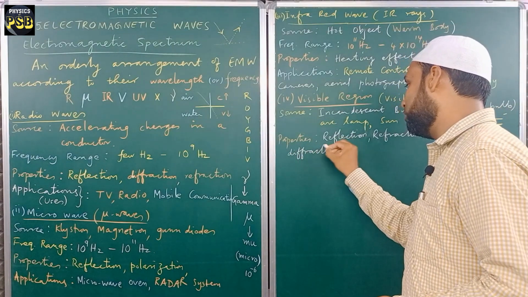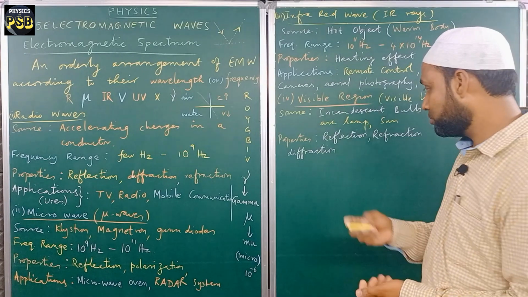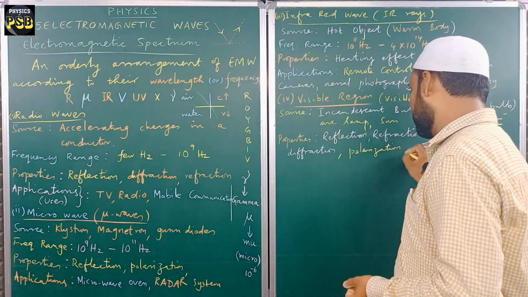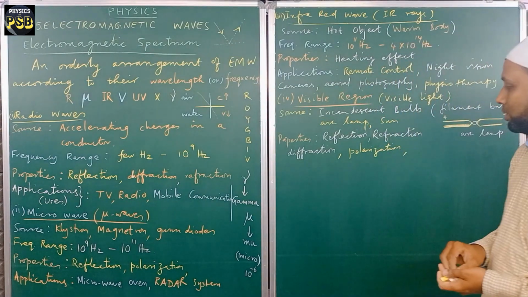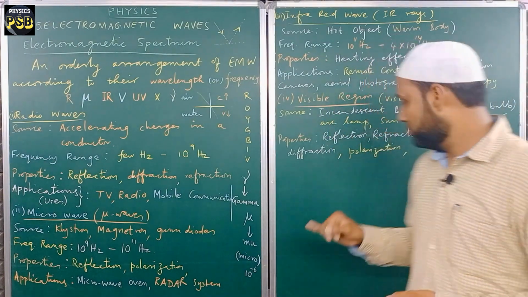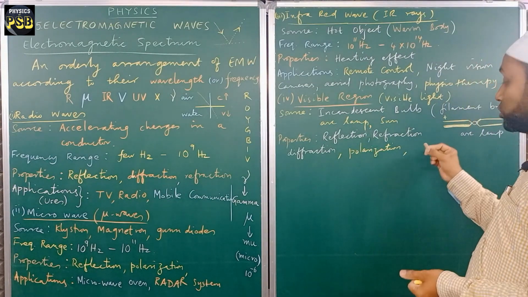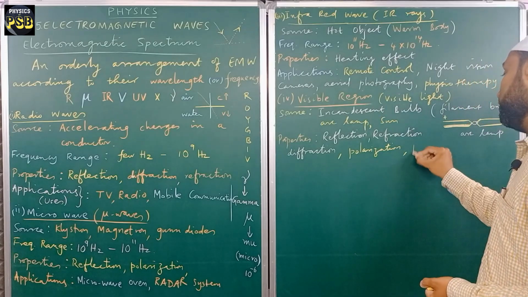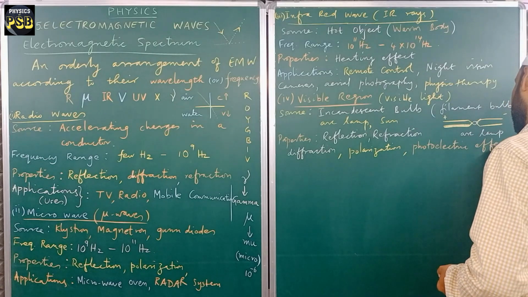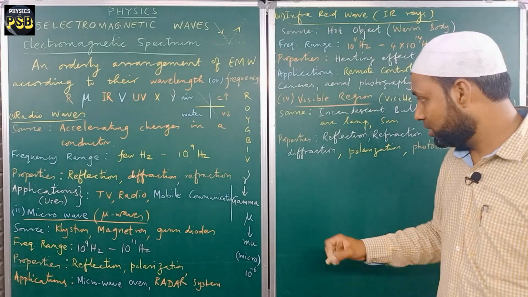Diffraction is the bending of a wave or ray at the edge of an obstacle. Then polarization. About this we will study in detail. The phenomenon of stopping or allowing only one kind of vibration is referred to as polarization. Apart from this, it also shows the photoelectric effect. Even UV light shows a photoelectric effect that we will discuss later.